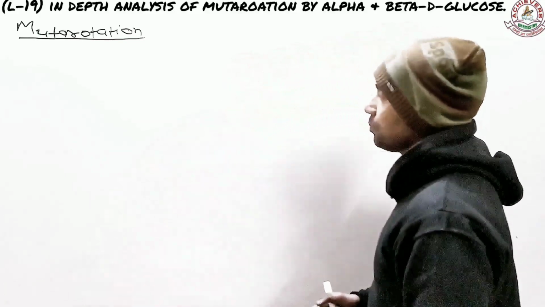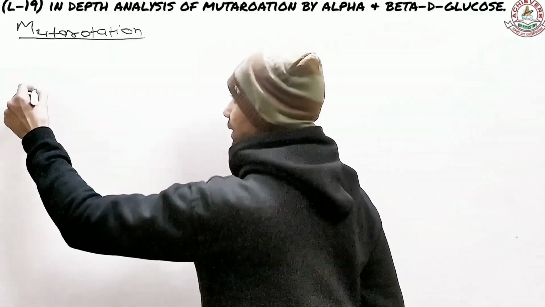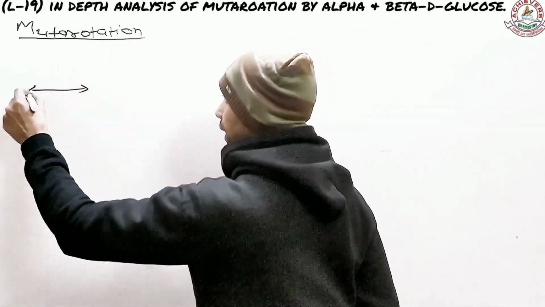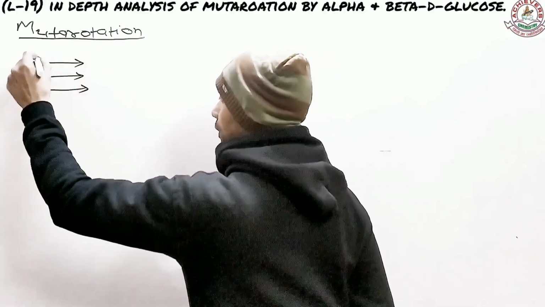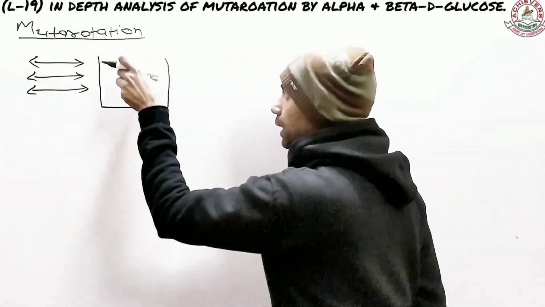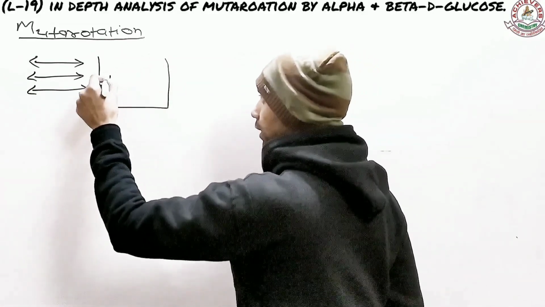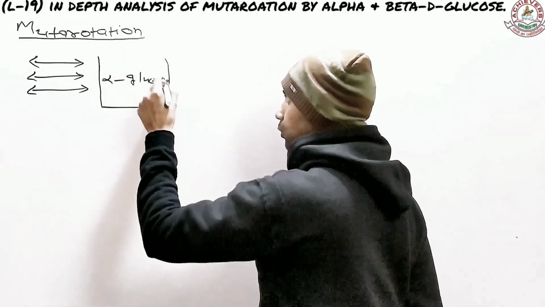So let's concentrate and see how mutarotation works. Before coming to the conclusion, suppose this is a plane polarized light, here I'm trying to draw. Now you have a container, and this contains alpha glucose solution.